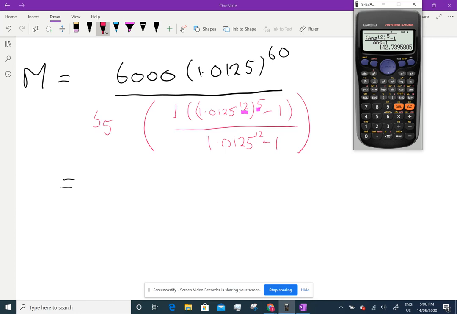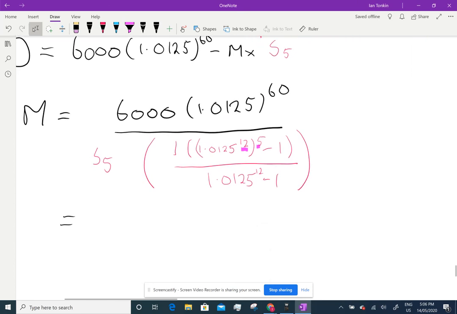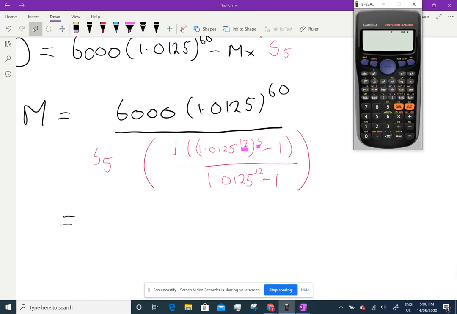So let's go back. And my answer will have changed now. So I'm going to go back and do it the proper way. So 6,000, just to show you that it does work, times 1.0125 to the power of 60. Go down below, another fraction, I need a bracket there, 1.0125 to the power of 12, bracket, the power of 5.